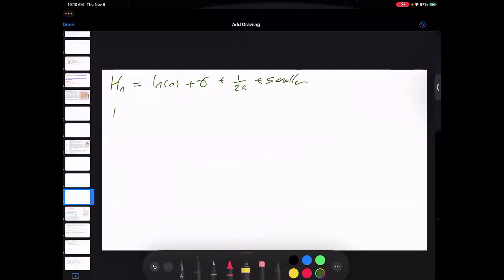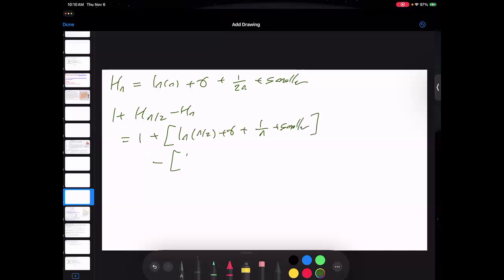We had 1 minus H_n, I guess it was plus H_{n/2} minus H_n. That was our probability. So that would be 1 plus the natural log of n/2 plus gamma plus 1 over n plus smaller, minus the natural log of n plus gamma plus 1 over 2n plus smaller.